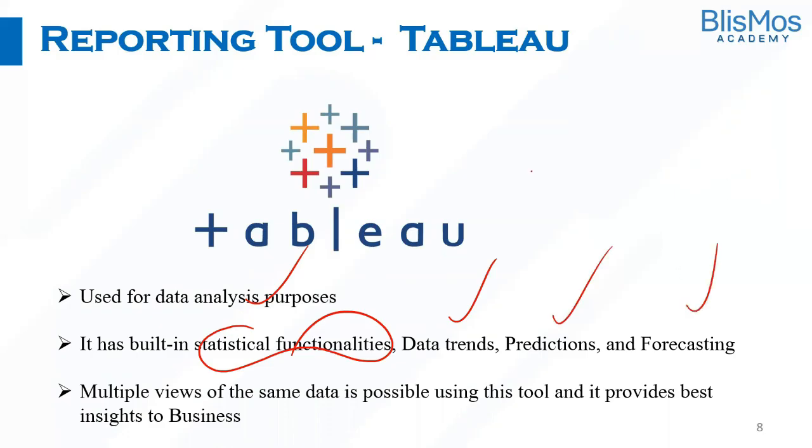Even though we say it is a reporting tool, we are extracting the data from a data warehouse. On top of that, if you want to do analysis, Tableau provides all those functionalities to get the trends, to predict what is happening, and also forecasting mechanisms. If you want to get the multiple views of the same data, it is possible through Tableau.